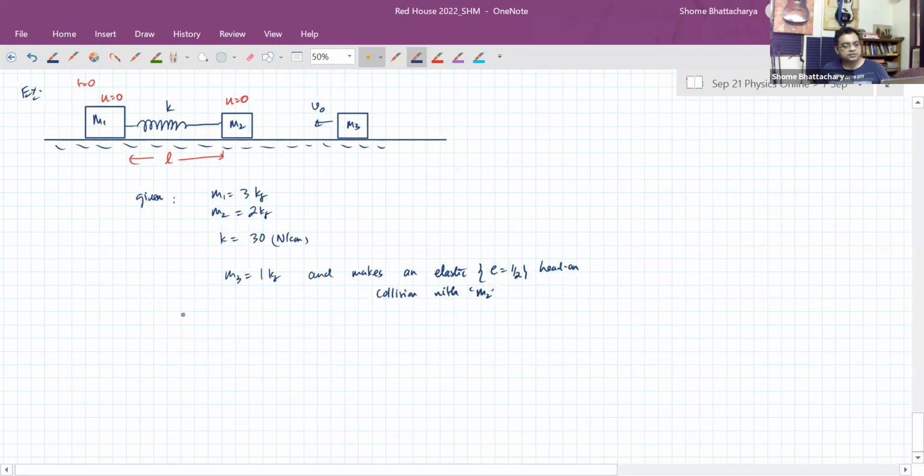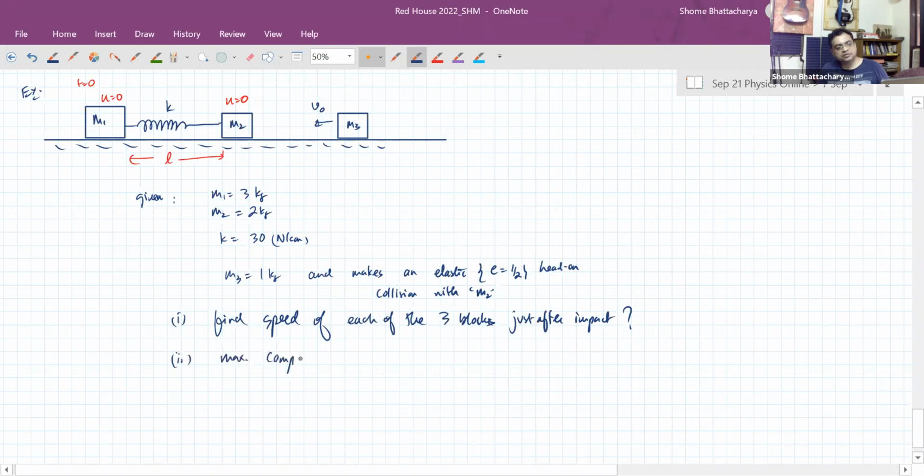So let's start with some normal things here. Find the speed of each of the 3 blocks just after impact. And then we'll find the maximum compression and extension of the spring.